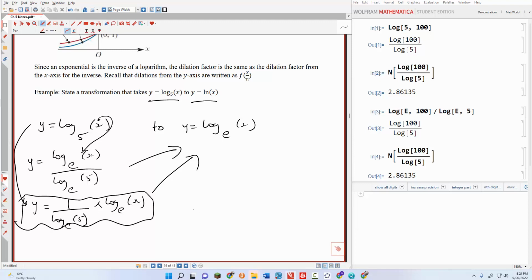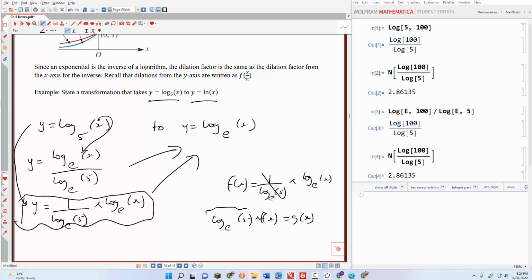So if this was f of x equals 1 over log e5 times log ex, all I would do is multiply f of x by log e5, multiplied by f of x to create my new function. Now, why that? Well, when I multiply this function here by that, it will cancel out, leaving us with log ex.